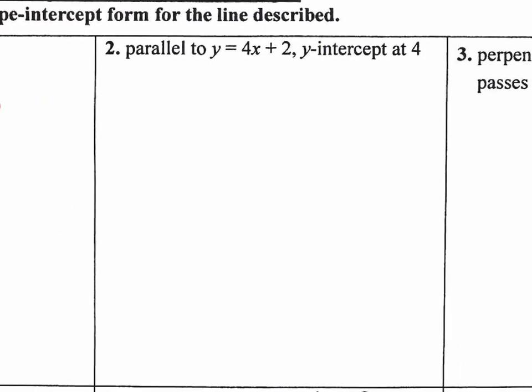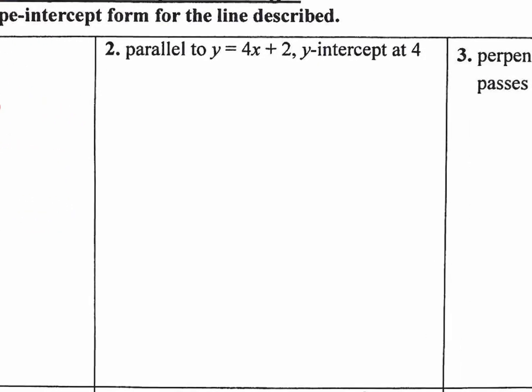Moving on, number two. So what do they give us here? Indirectly, they give us the slope. Indirectly, because they're telling us that it's going to be parallel to this line, and this line has the slope 4, and that's all I care about. That my slope is parallel to that line, which would mean I have the same exact slope.